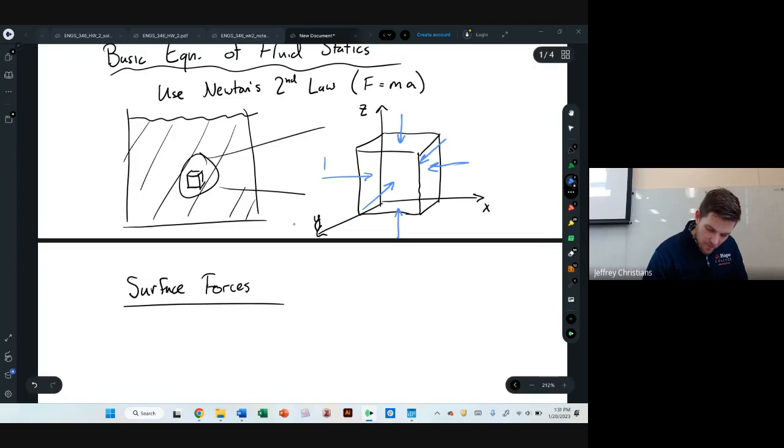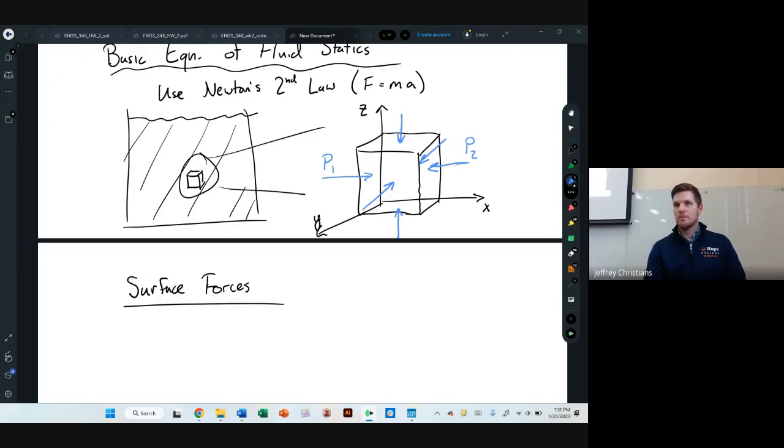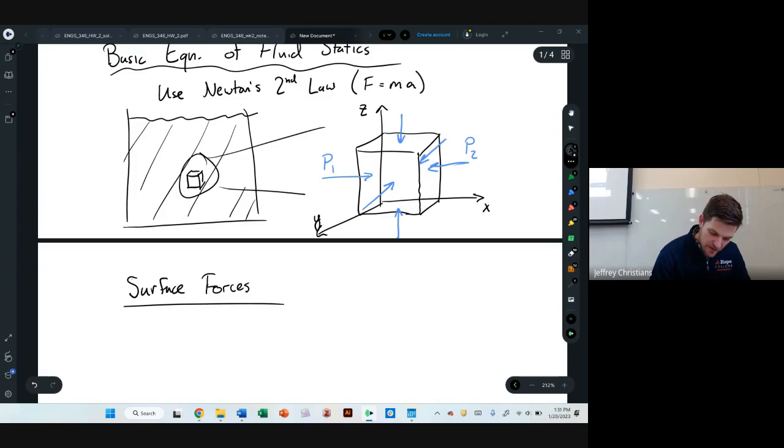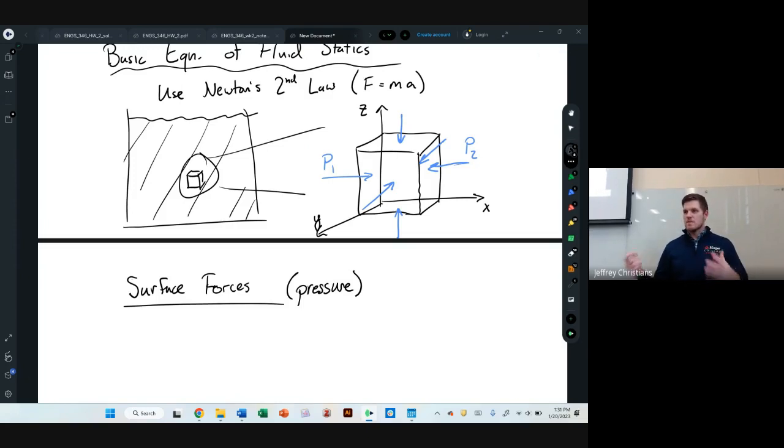We'll just make up, we'll call that one pressure 1 and the one on the right pressure 2. We'll leave the other ones unnamed because we're not going to deal with all of them. So we're imagining pressure always pointed in. Surface forces, these are arising from pressure. All right, so how does pressure exert a force?